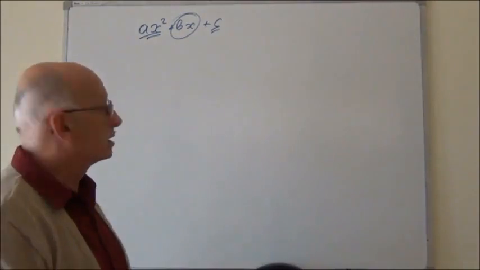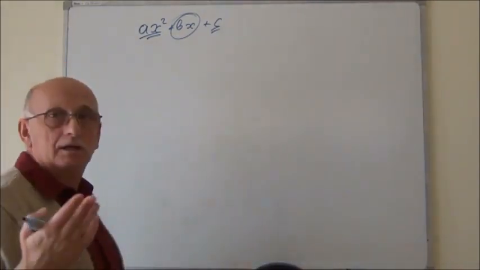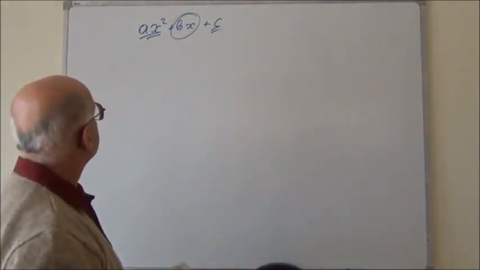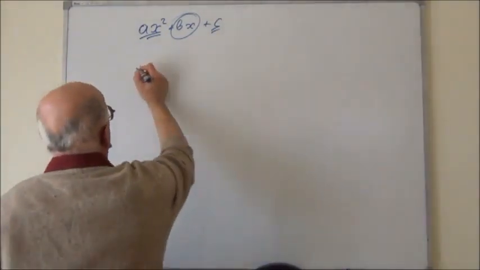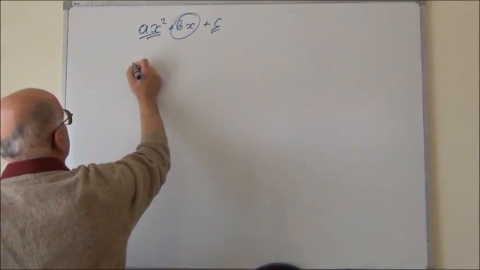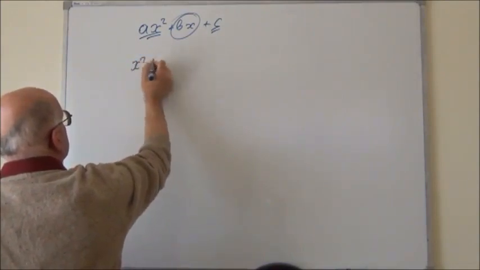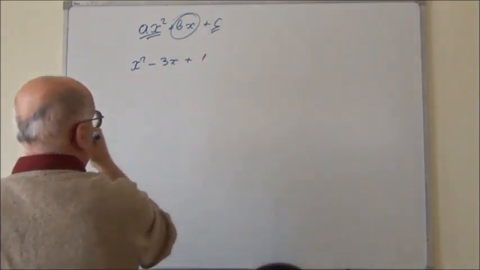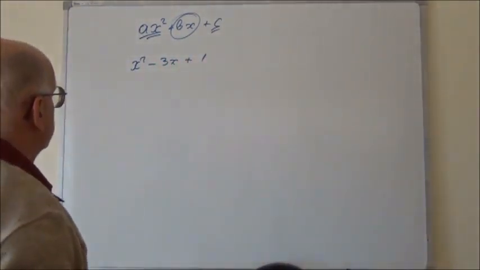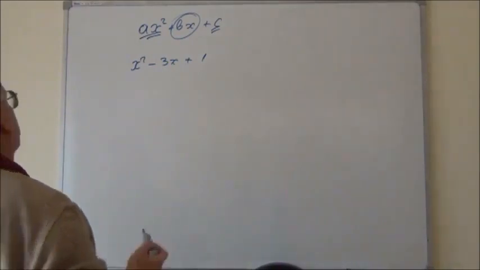Now, how do we recognize if a mathematical expression is in standard form or not? Let's say we have the expression x squared minus 3x plus 1. Is this expression in standard form or not? Yes, it is. Why?